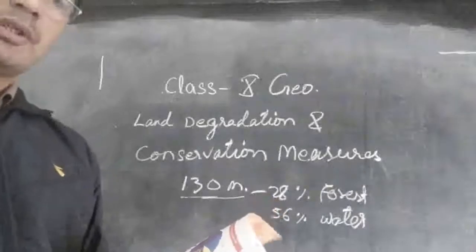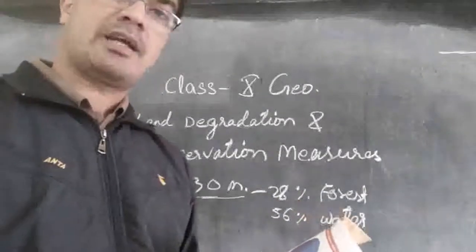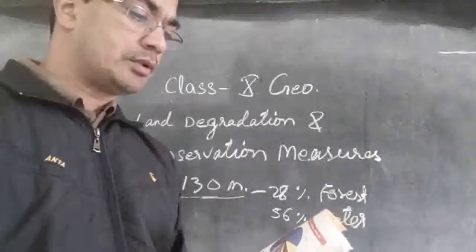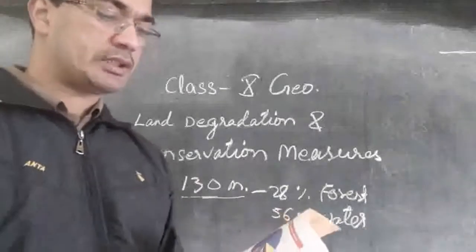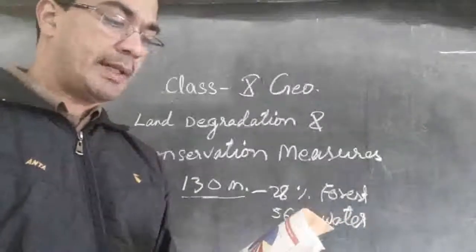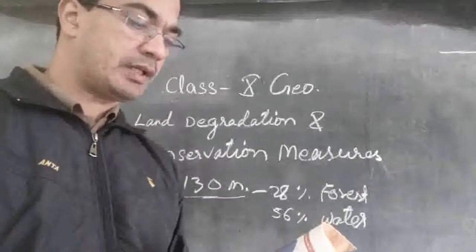And also in some places there are saline and alkaline deposits and so on. That is the rest. Then some human activities such as deforestation, overgrazing, mining and quarrying too have contributed significantly to land degradation.